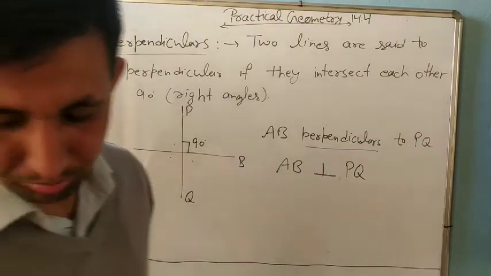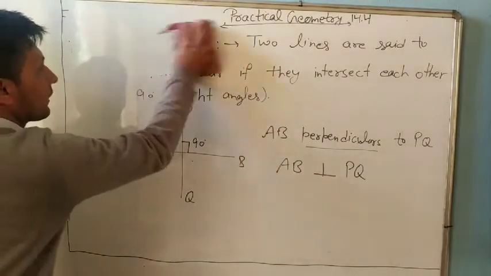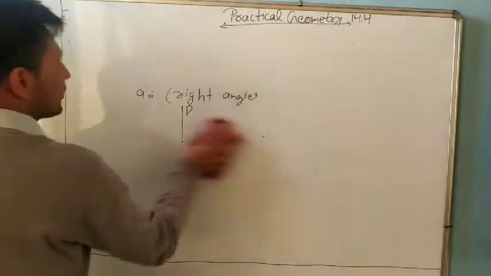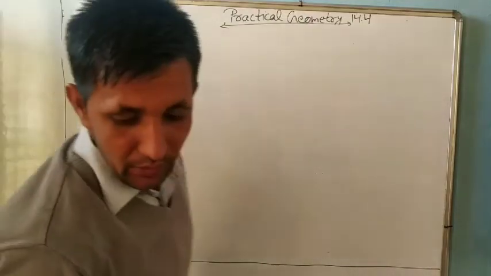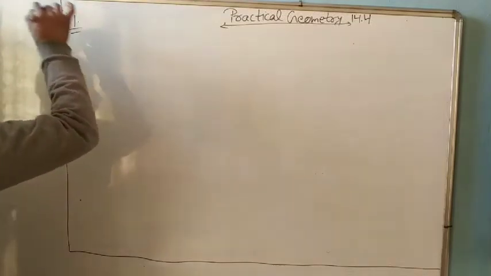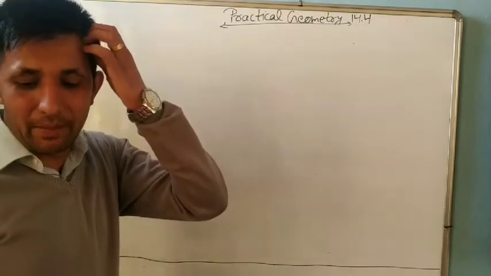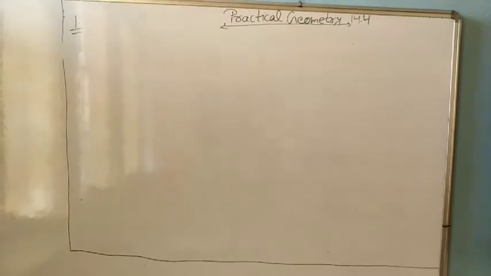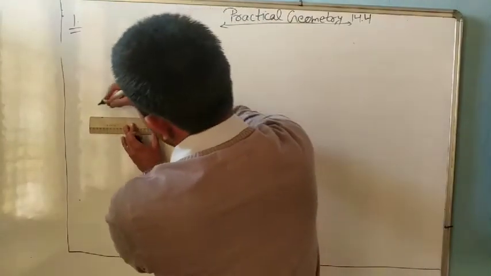Now we will draw a perpendicular using a compass. It is important, so note it down. Question number 1 is given: draw any line segment AB. We don't know its length, but we have to draw one line AB.